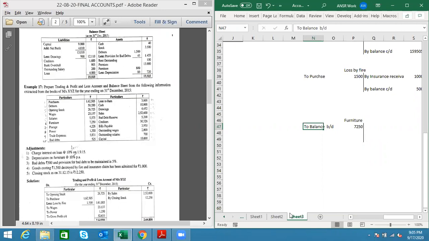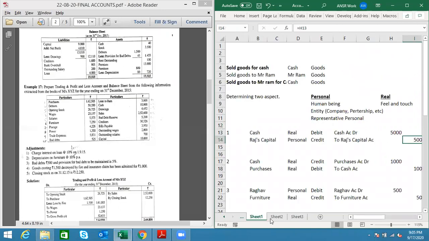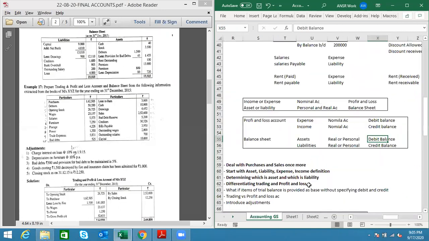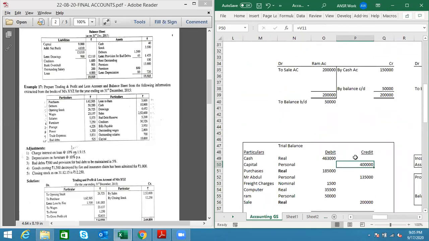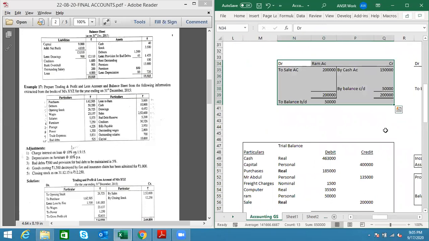Yeah, sure. So when we were preparing the ledger accounts, and from the ledger accounts we were preparing the trial balance, which was here, there we had prepared the ledger like this.